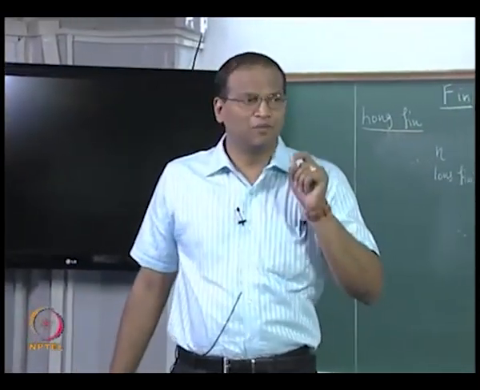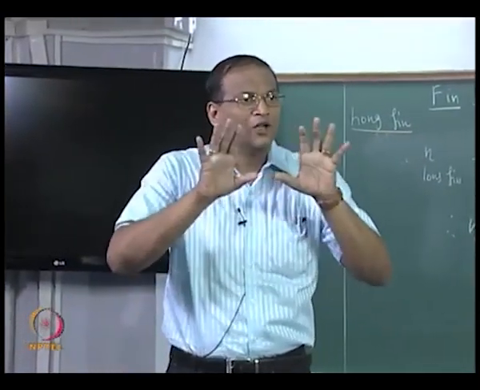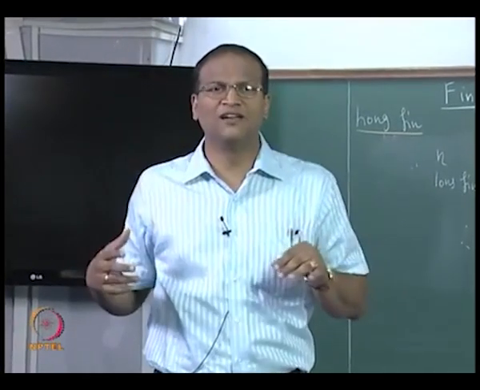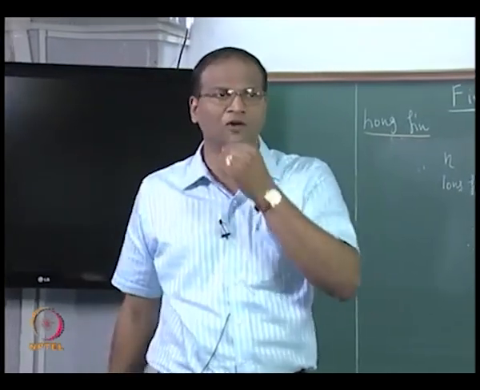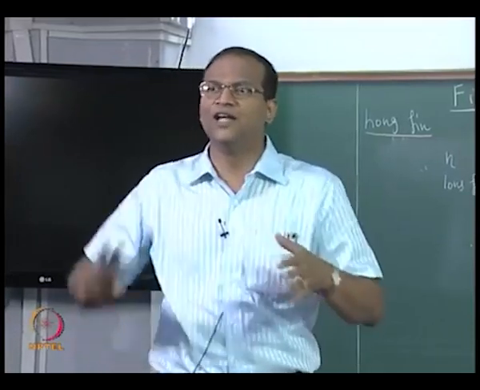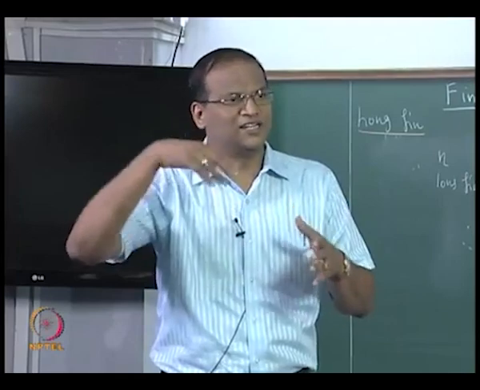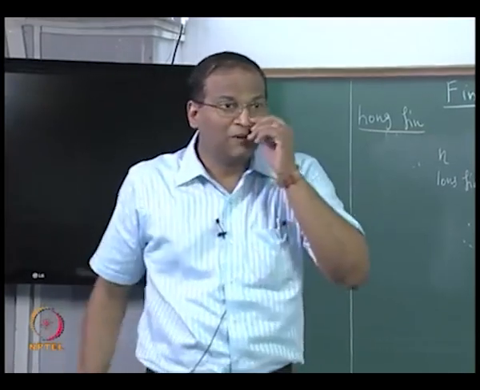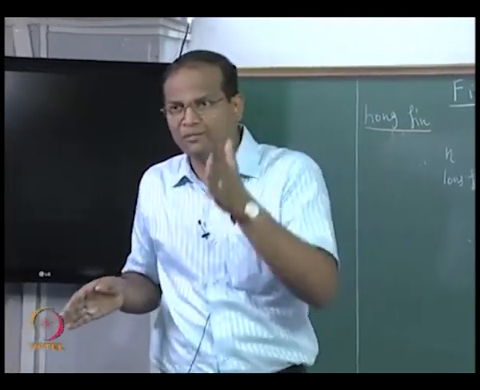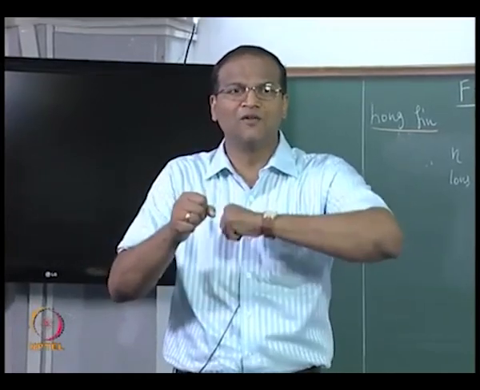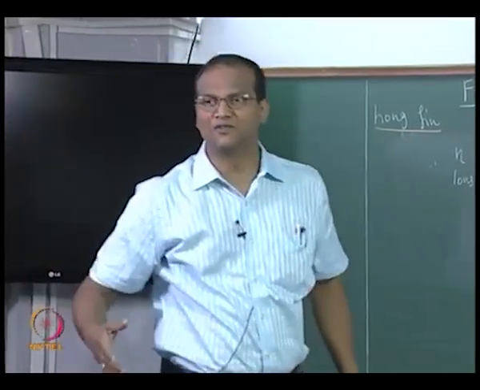Yes, you can still solve the fin problem using the general energy equation, but you have to say that T is a function of x and y and then apply the boundary condition separately on each of the walls. But here we took minus k dT by dx entering, minus k dT by dx leaving, and in the other direction we are just lumping it by a convective heat transfer process.